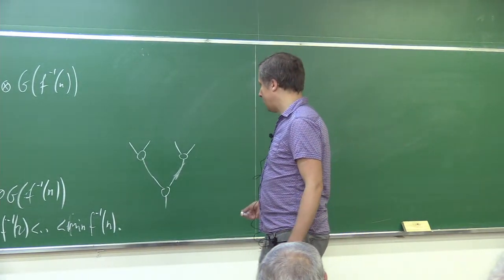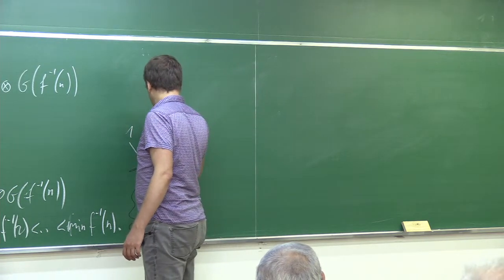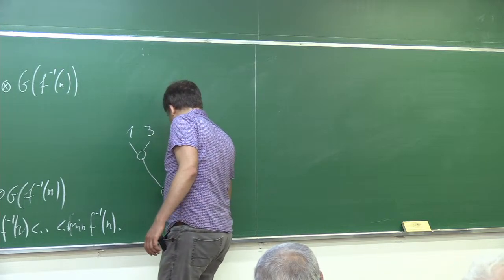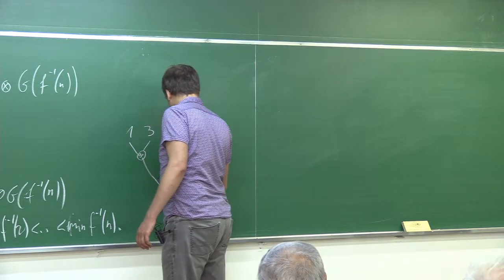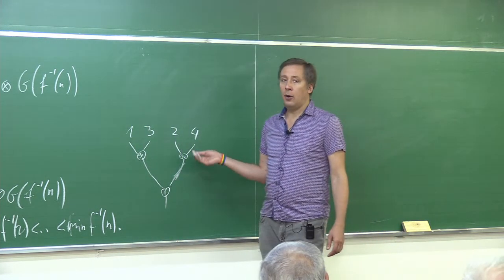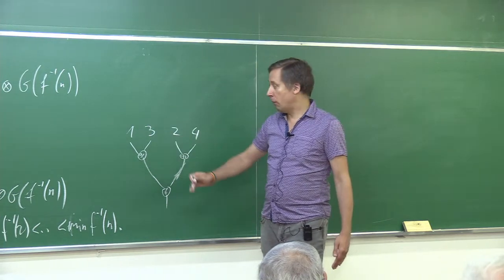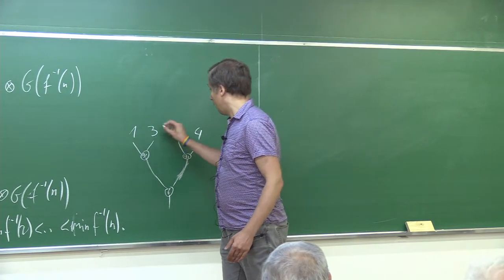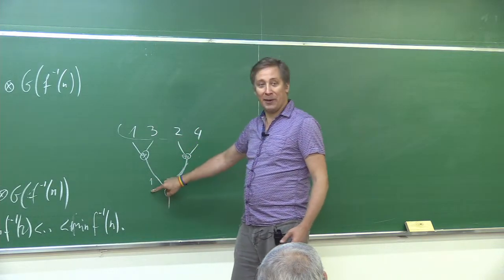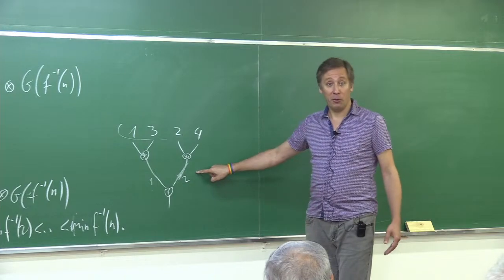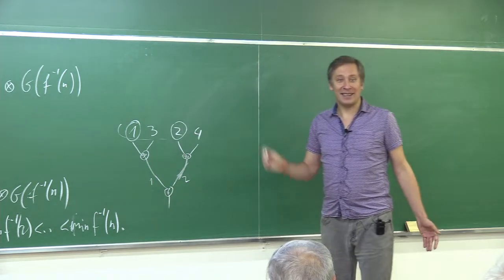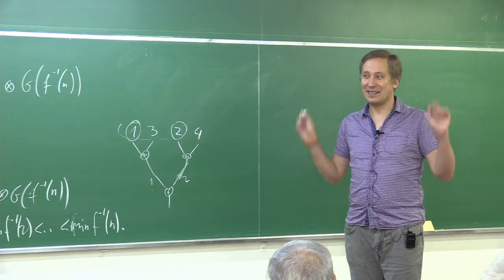So, for example, this is some element of L, some element of G(1,2). This is the allowed combinatorial type, so I have this surjection from 1, 2, 3, 4 to 1, 2, where 1 and 3 go to 1, and 2 and 4 go to 2, and indeed the minimum of preimages increase from left to right.